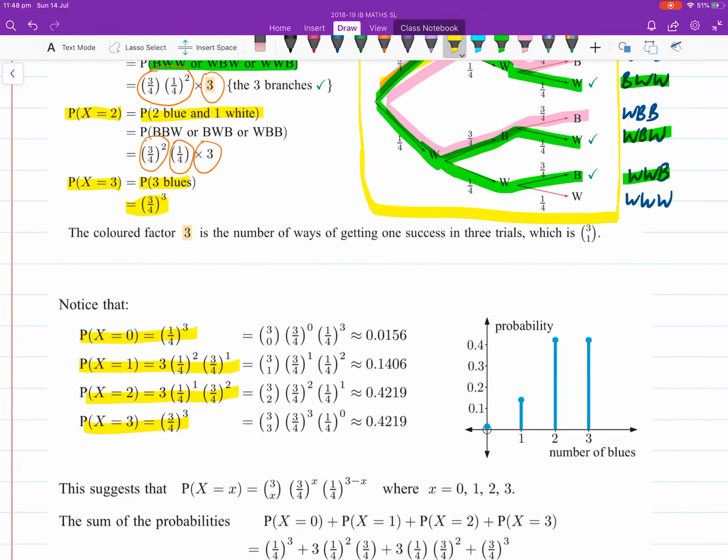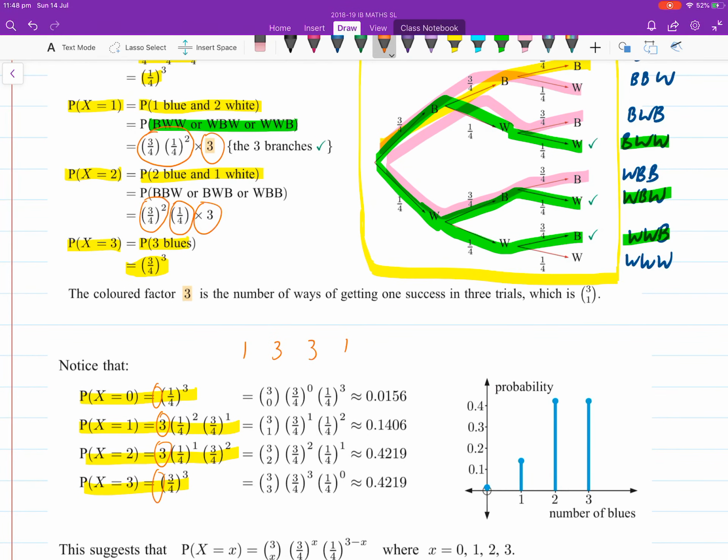But instead of writing the times 3 on the end, we've got it at the front. But if you notice, technically there's an invisible 1 in front of this one, and an invisible 1 here. So 1, 3, 3, 1, what does that remind you of? Okay, have a think. It is Pascal's triangle, right? When you have like 1, 2, 1, and 1, 1, and 1, right?